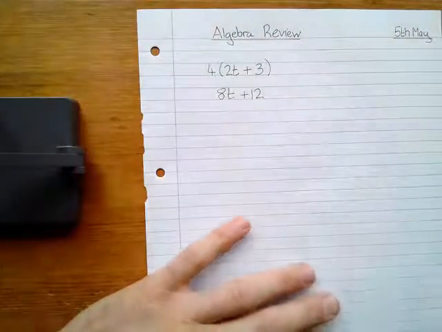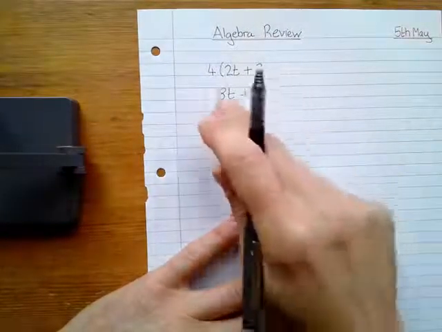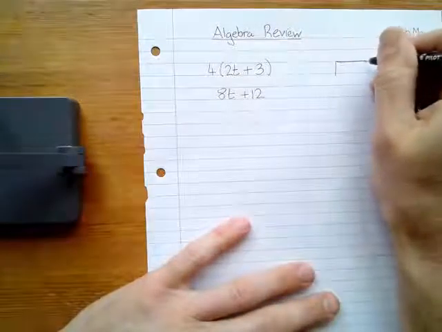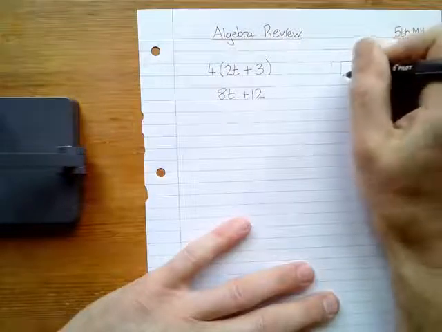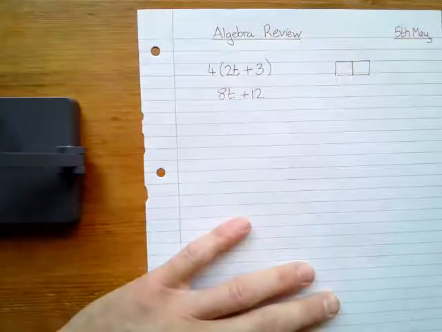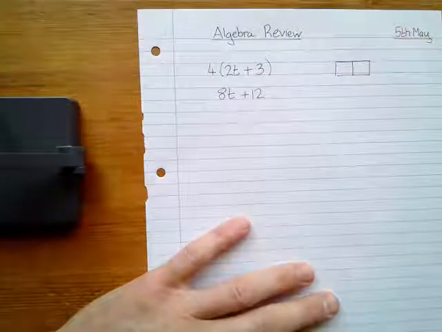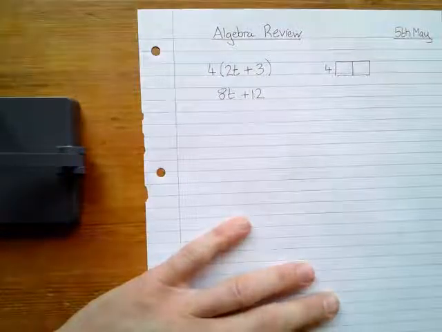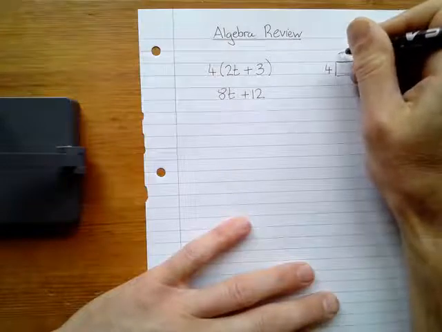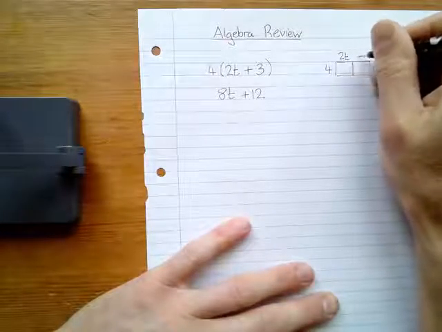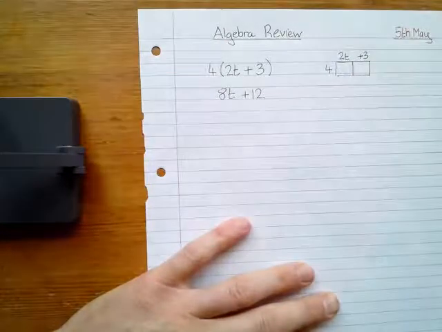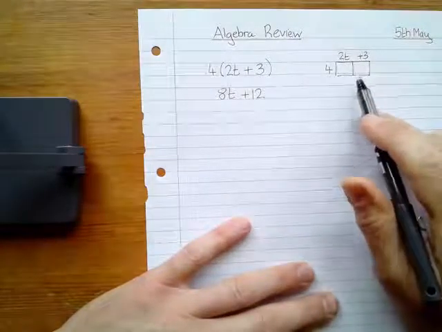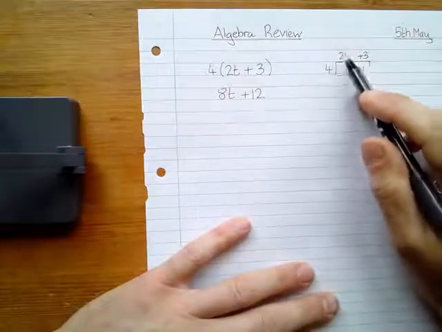Now some people, I'll show you this now, to help them do that, use a little bit of working out on this side of the page. So draw a box like that, and they put the number that's in front of the bracket there, and they put the things that are in the bracket there, like that, and then in the boxes you put the answers that you get when you multiply these together.